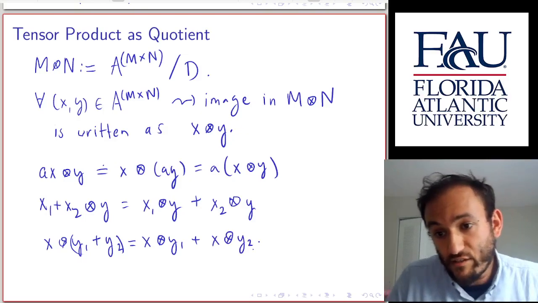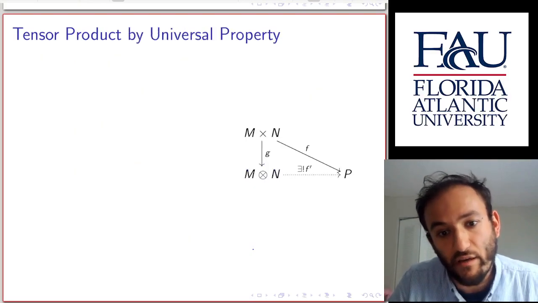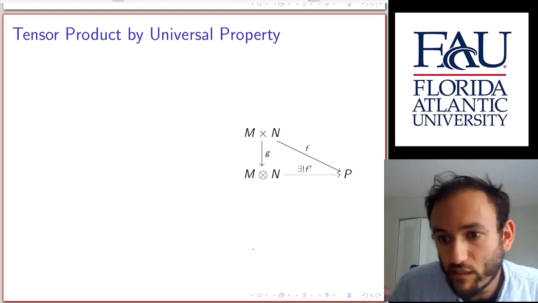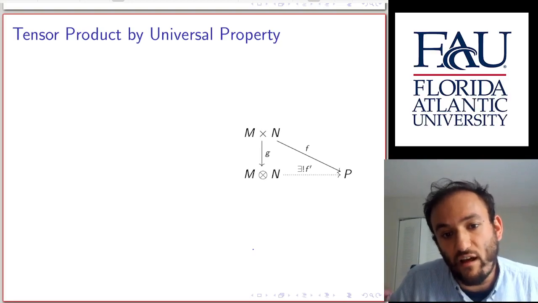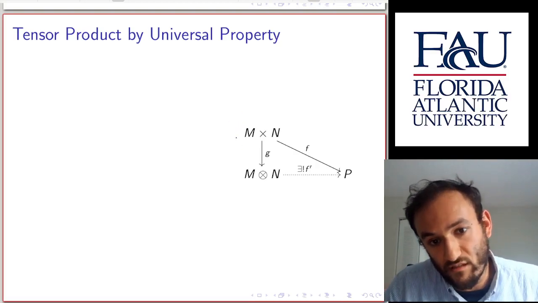Okay, so that's how you define the tensor product as a quotient. You can also define it in terms of a universal property, and you've spoken a little bit about this in some of our problem sessions, how to define an object by a universal property. But here's the diagram associated to the tensor product.